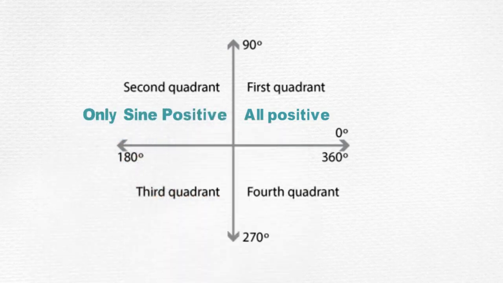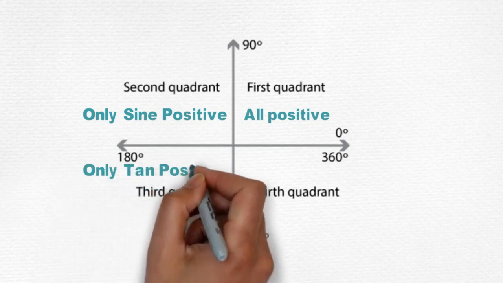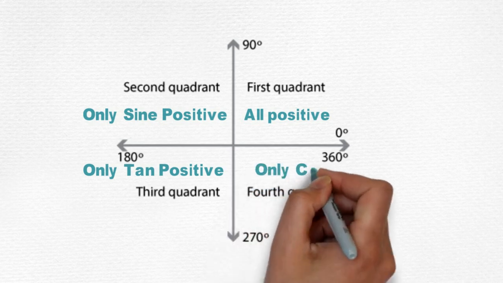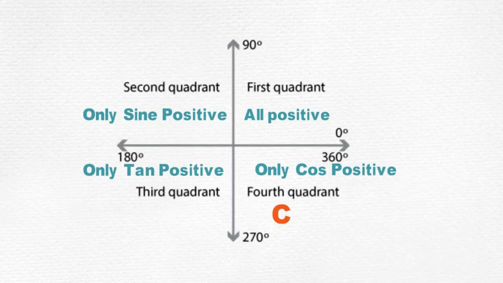In the third quadrant, tan gives us positive. And in the fourth quadrant, only cos gives us positive. You can easily remember this by starting from the fourth quadrant, which is the bottom: C-A-S-T, cast. That's how I remember which quadrants give us positive values of the respective functions.